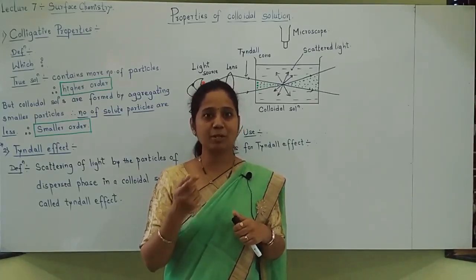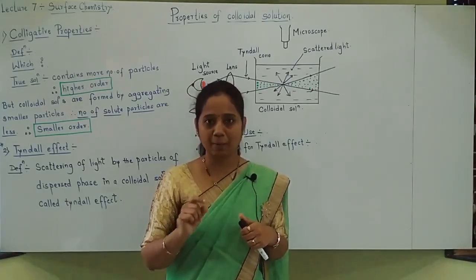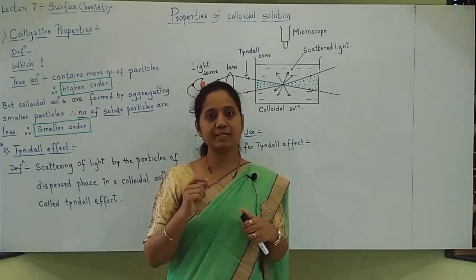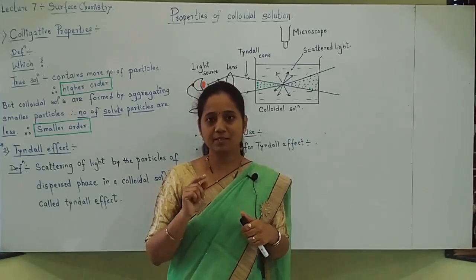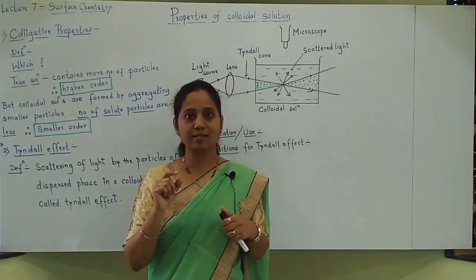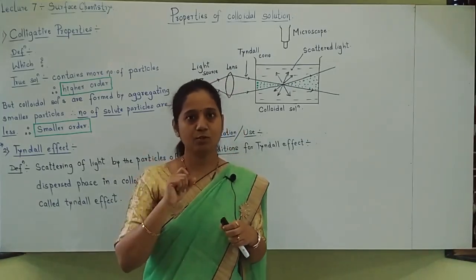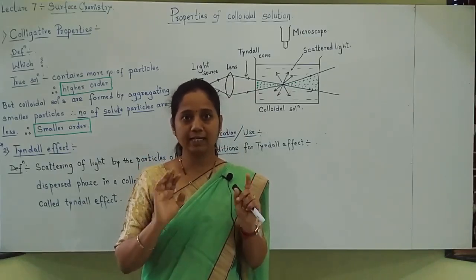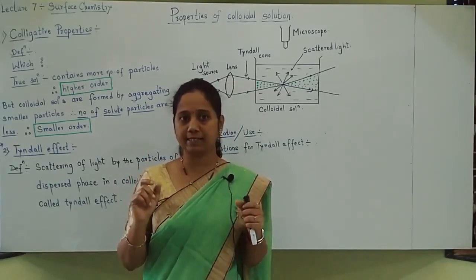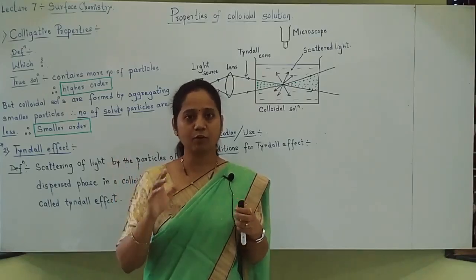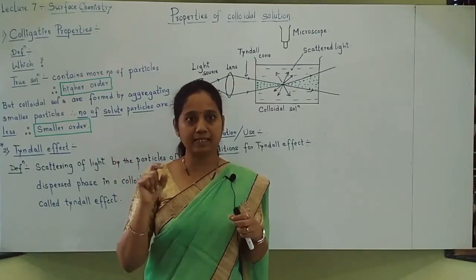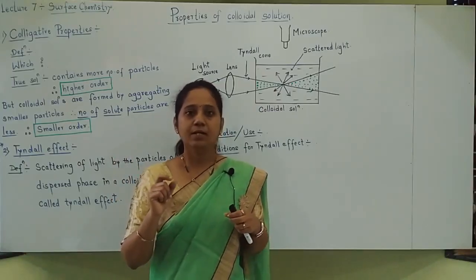The properties which depend upon the number of solute particles irrespective of its nature are called colligative properties. It doesn't depend upon what type of particles are there. Only number is important.